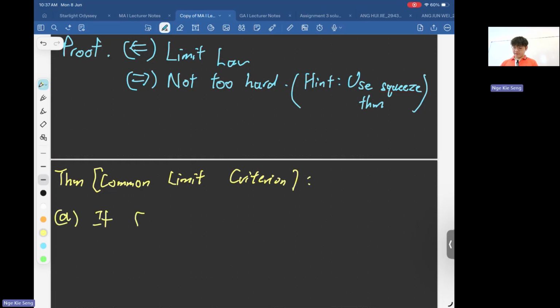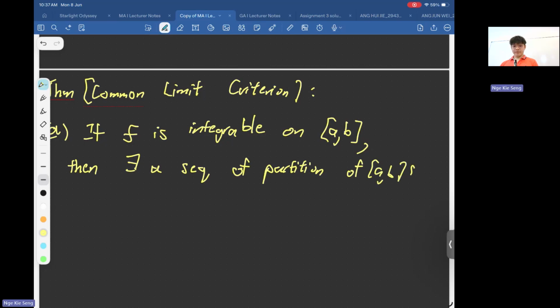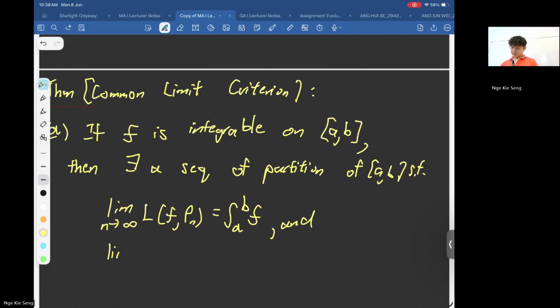First, if f is integrable, let's say you know that it is integrable already, then you can find a sequence of partitions such that the limit of L(f,P_n) will reach your L(f), which is the integral, and the limit of U(f,P_n) also will reach your integral, which is U(f).